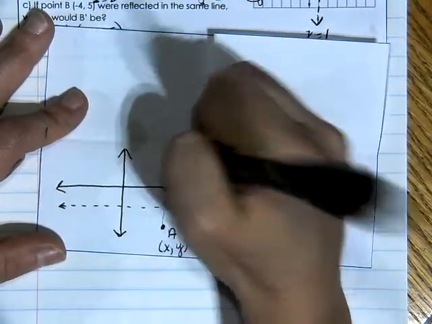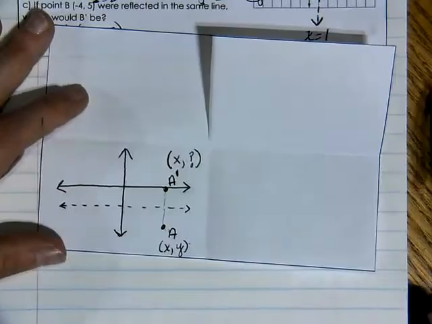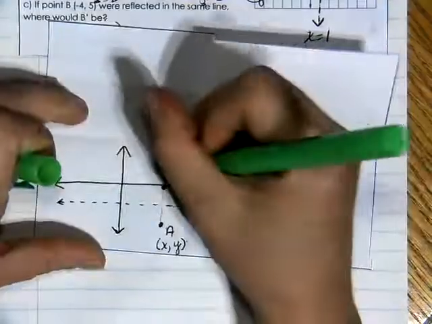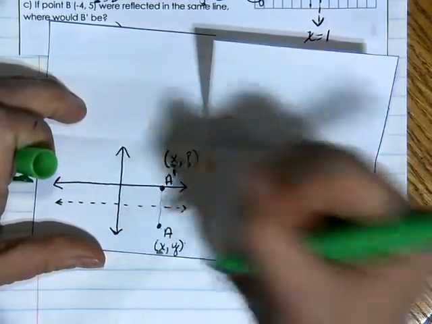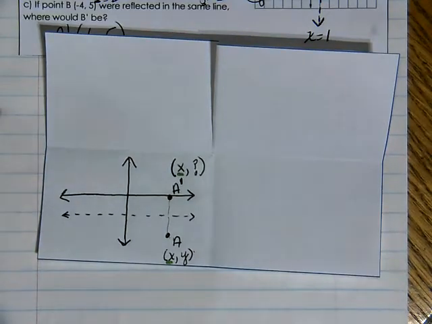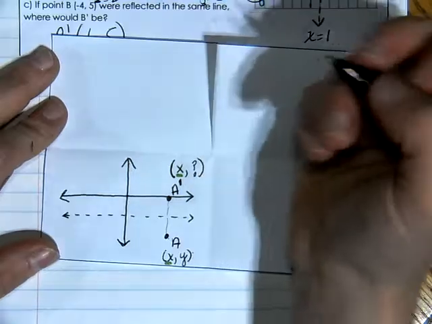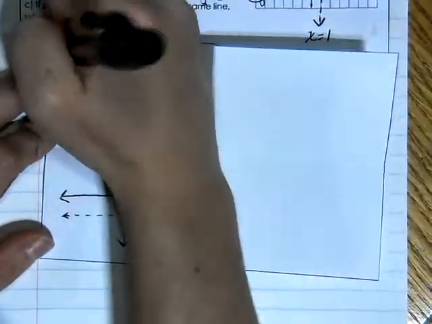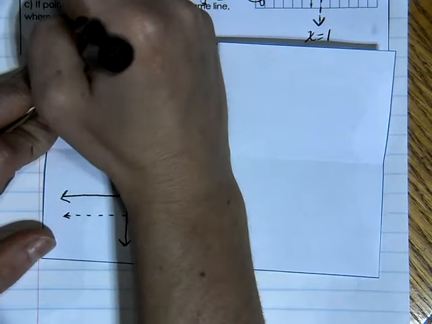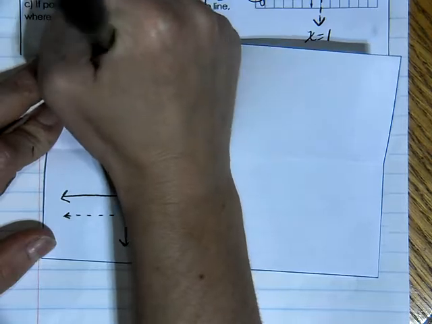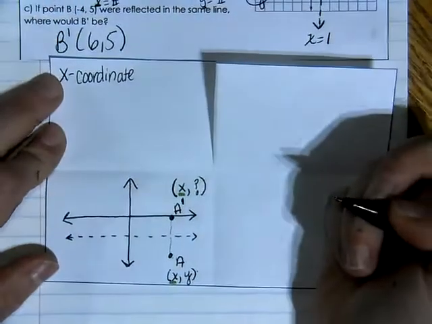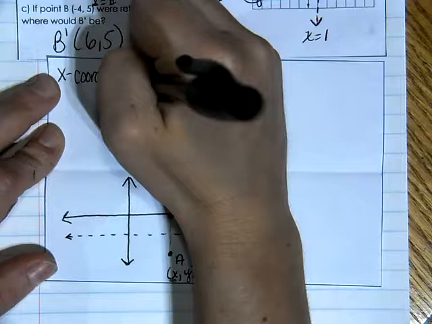I don't know where it's going to be located, but the key thing I want you to recognize is that the x-coordinate stayed the same. So if you are reflecting in a horizontal line, the x-coordinate stays the same.